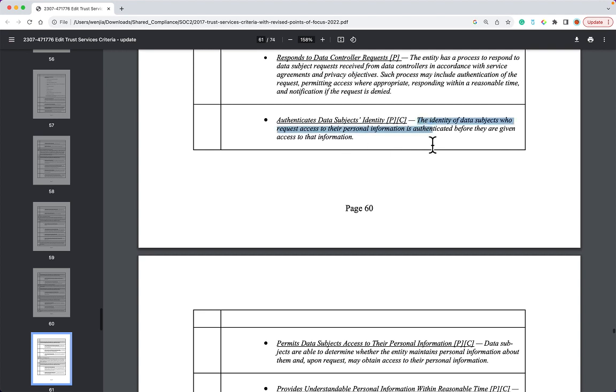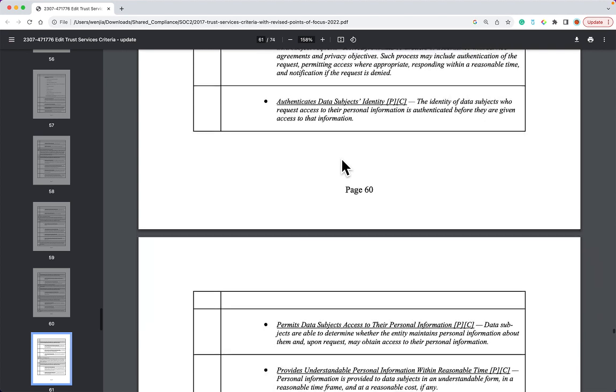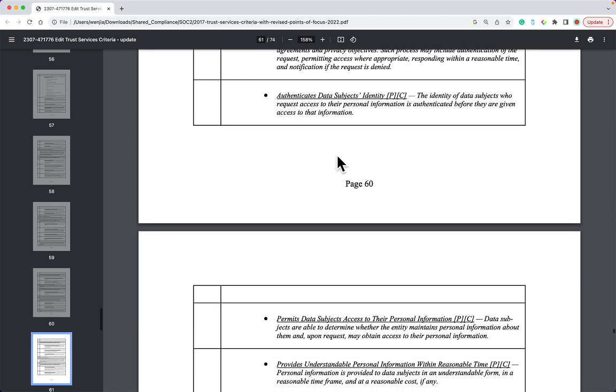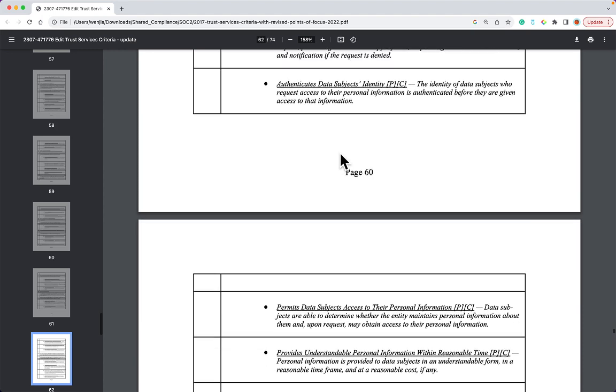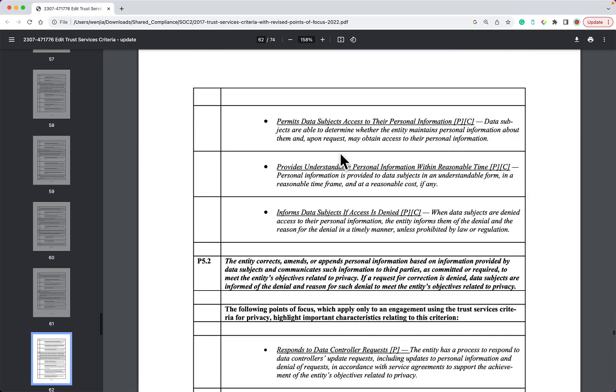So before you are giving the information out, you need to check if this user is using a legal, authenticated, secure way and account.